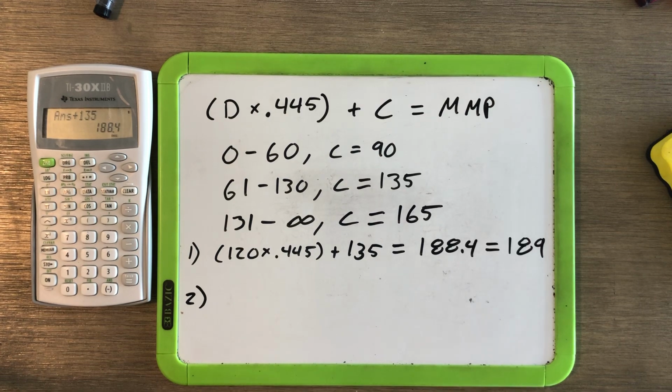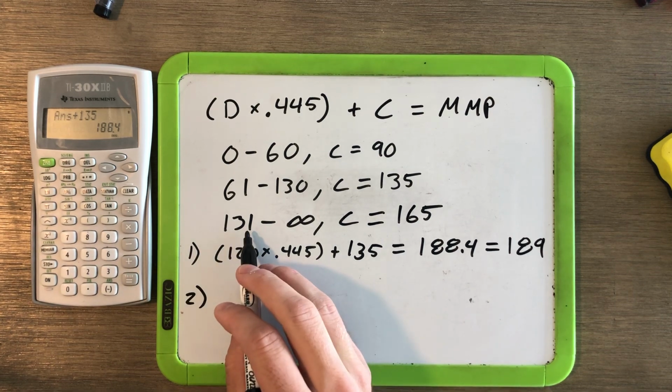All right. Now I'll just do one more just so you can see. We'll say our depth this time is 300 feet, or we can even say deeper, it doesn't really matter. But anywhere above 131 is what I'm going for here.